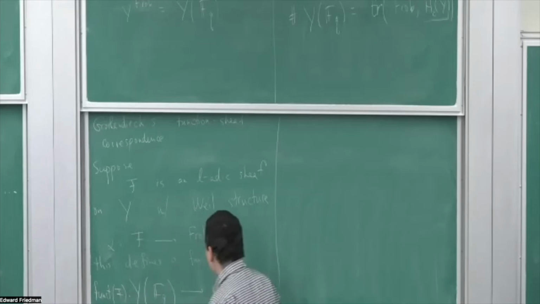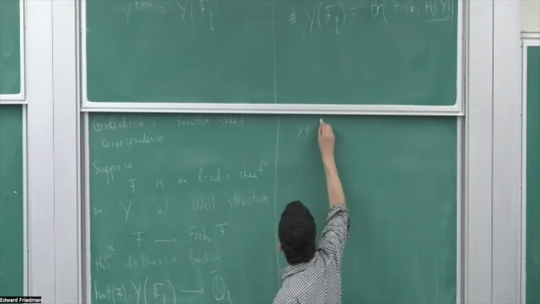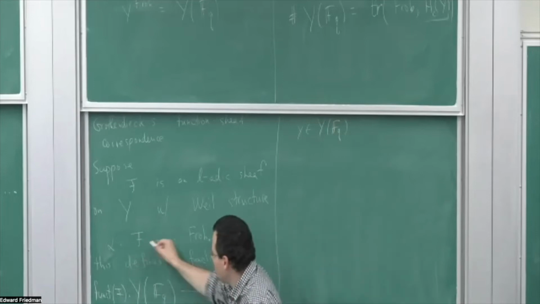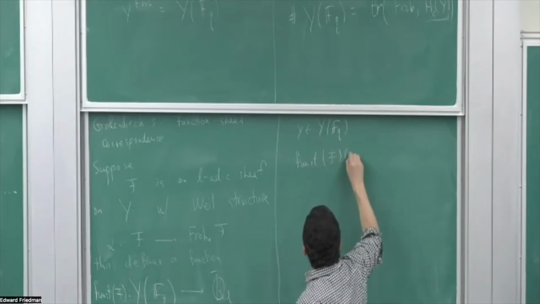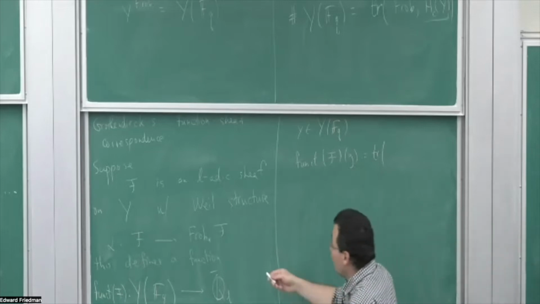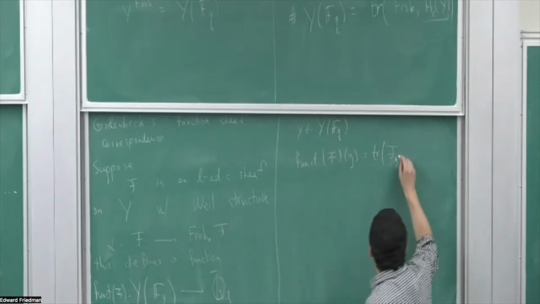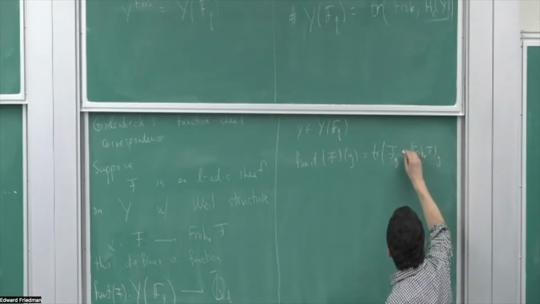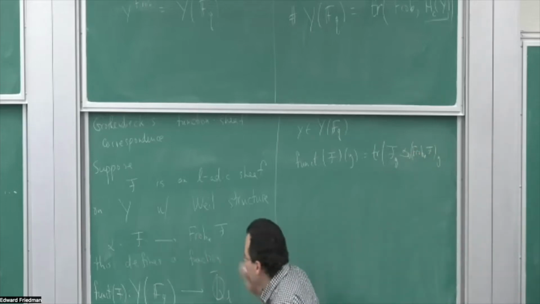The way it works is that if we pick a rational point y, then what do we have? We define the value of this function as the trace of a certain linear transformation between the fibers of X. We take the fiber at y, which maps to the fiber at Frobenius of y, just using the sheaf structure.